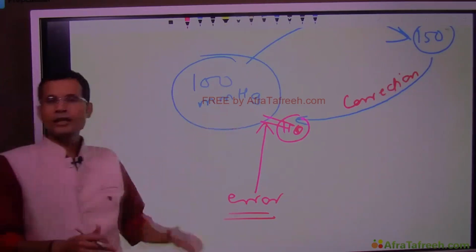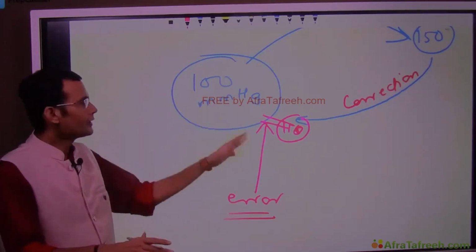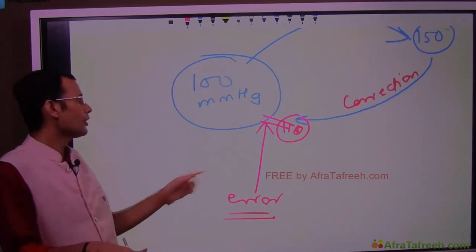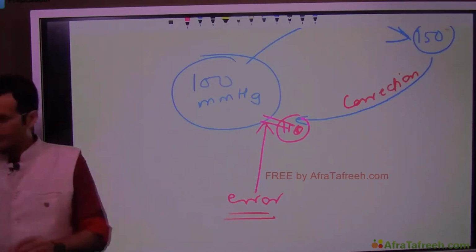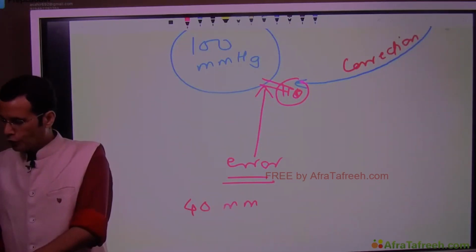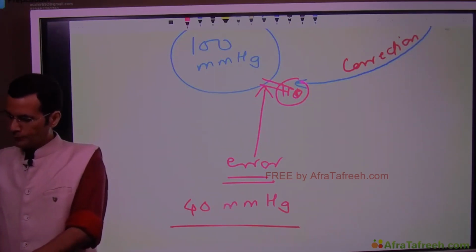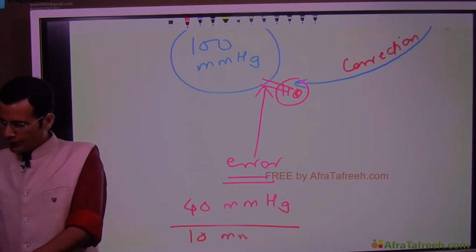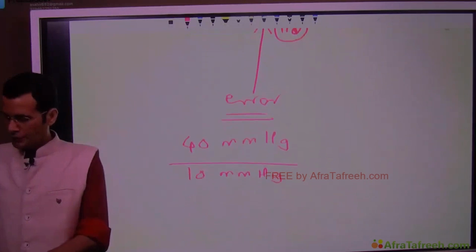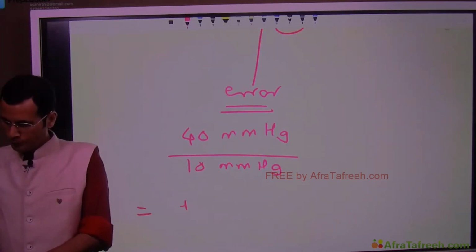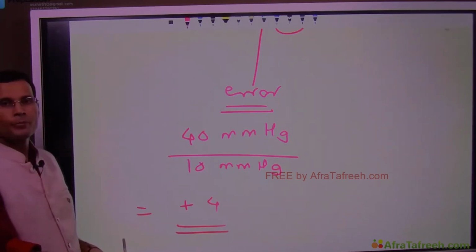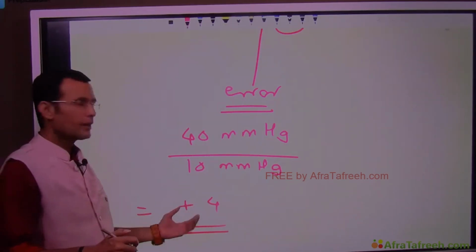Now you can tell me what is the gain in this example. Correction applied upon residual error. Can you calculate? Well, it's easy now. The correction applied was 40 mm of Hg, and the error still remaining, the residual error, is 10 mm of Hg, and therefore the gain in this example is plus 4.